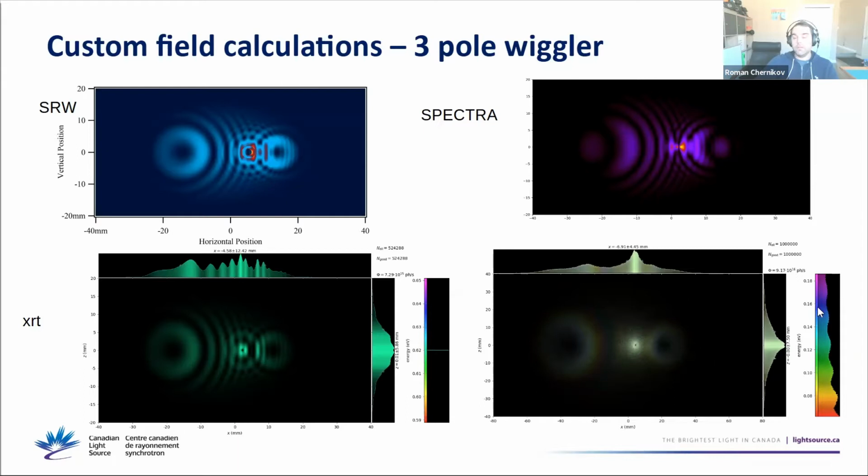And yeah, that's what you have in real life. You never have strictly monochromatic waves. Yeah, and then you can use this finite distribution to propagate it further, use it in ray tracing, and study, and see what comes to your sample in the end. And it will be more precise than just a monochromatic wave.